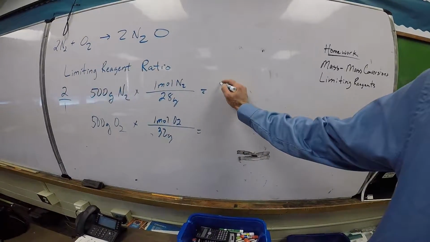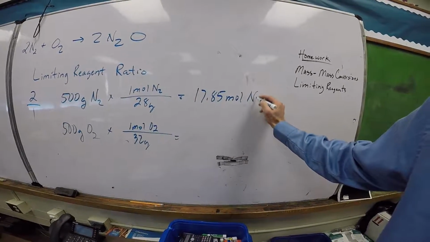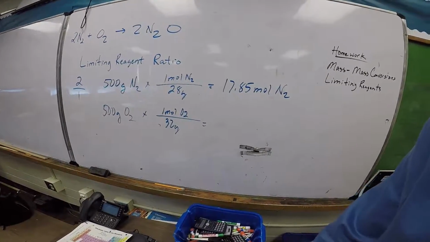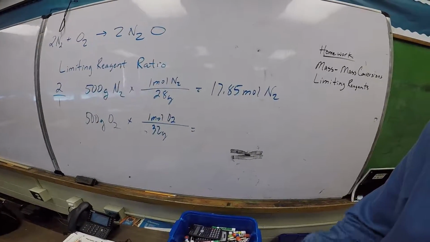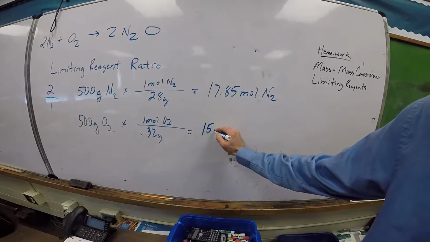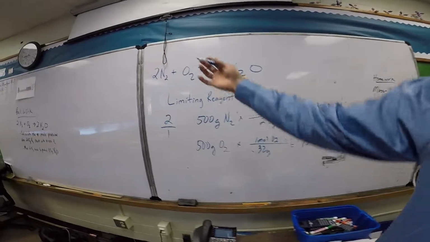Looks like 17.85. That's moles of N2. And then we're going to take 500 divided by 32. That's 15.62.